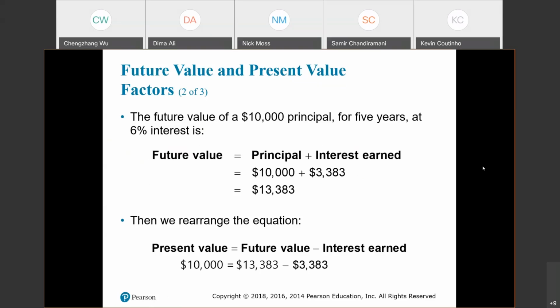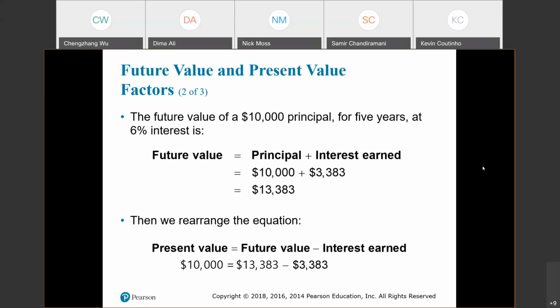If we know that the interest rate is 6% and this investment lasts for 5 years, I'm going to ask you, what is the future value of this investment?